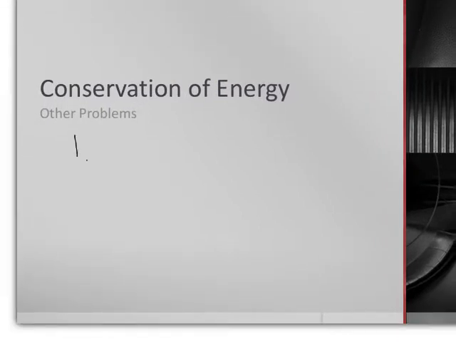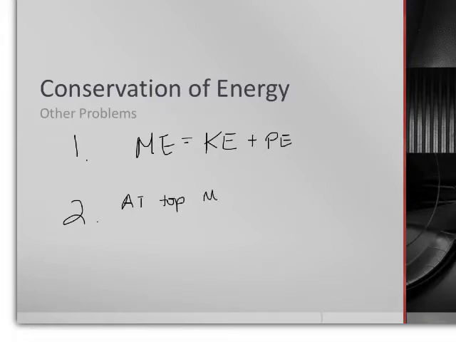First off, mechanical energy, or your total energy, is always equal to KE plus PE. The other thing is always remembering that at the top, ME equals PE. At the very bottom, ME is only equal to KE, because the other one is 0 at that point.